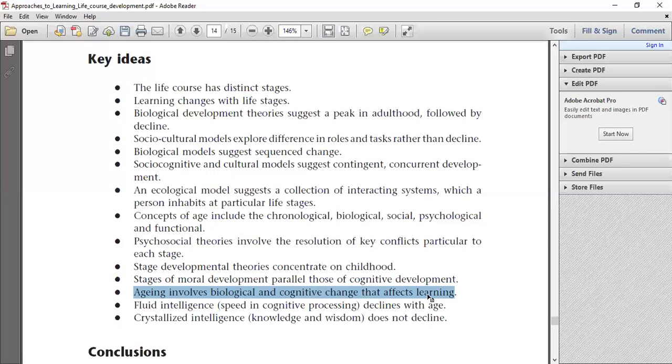Aging doesn't only mean physical aging as we are growing physically. We are, of course, aging: 10, 12, 15, 20, 25, 35. But cognitively, we are also aging.